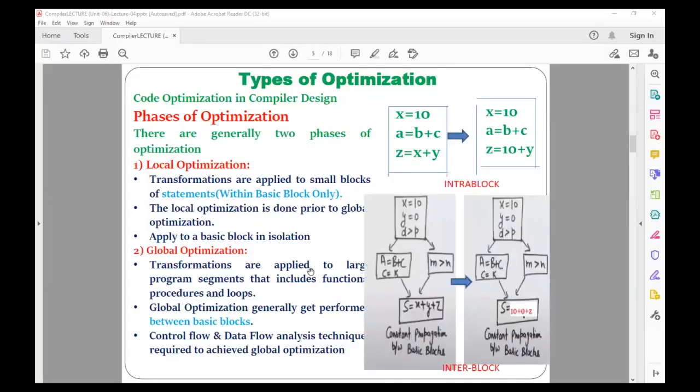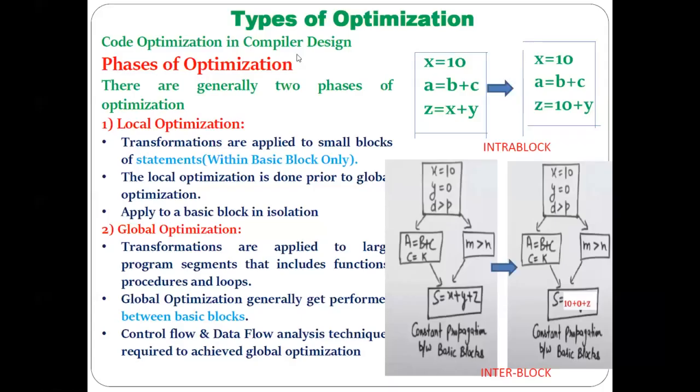As I told you, one is local optimization and another is global optimization. From the name only, you can understand what exactly it means: what local optimization means, and what global optimization means. So first we discuss the local optimization.